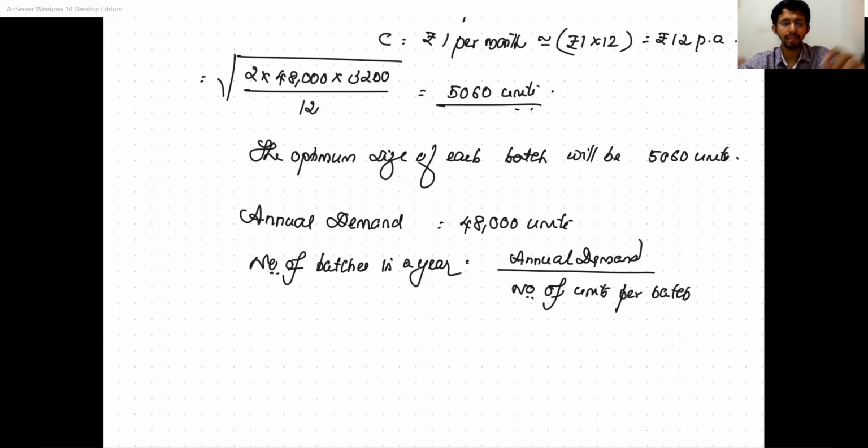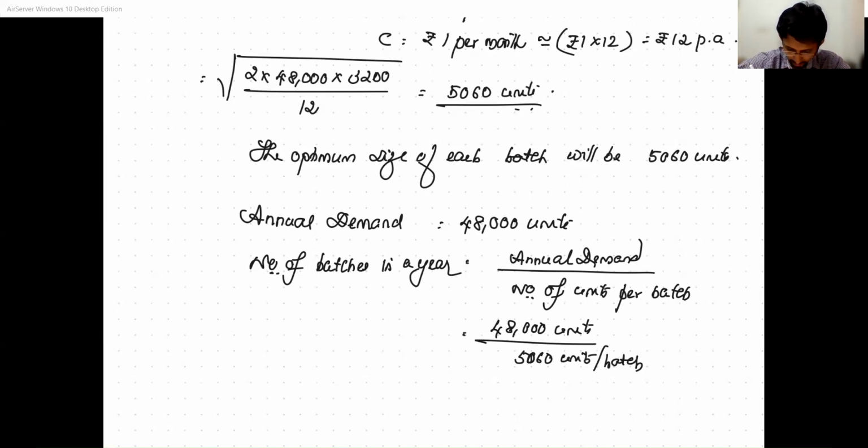I think there is some lagging in what is being displayed on the board. So that comes to 48,000 units divided by 5060 units per batch. That will give you how many batches?